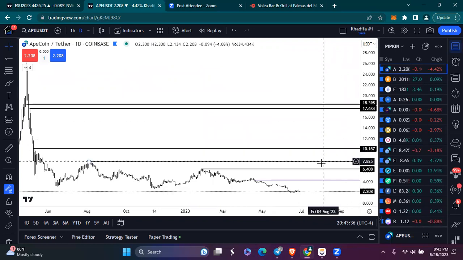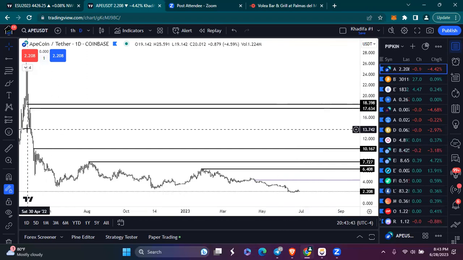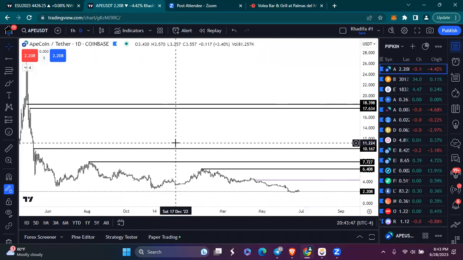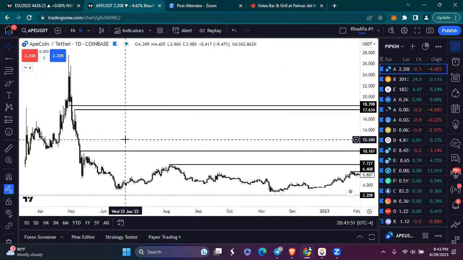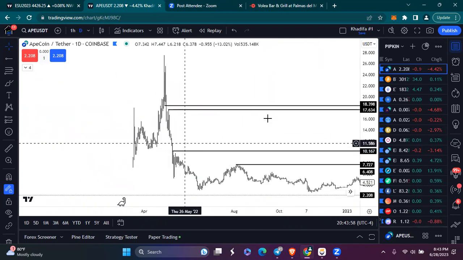There's no stopping until $17. Well, not really, $14 is still a good little bump. And then we've got the daily fair value gap right here between $17 and $18.